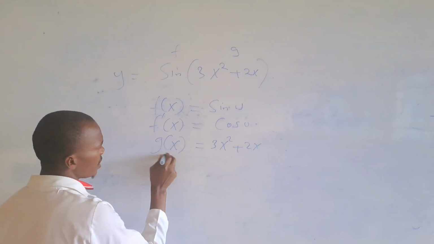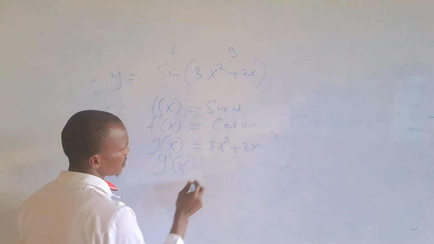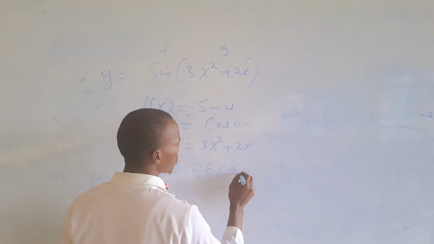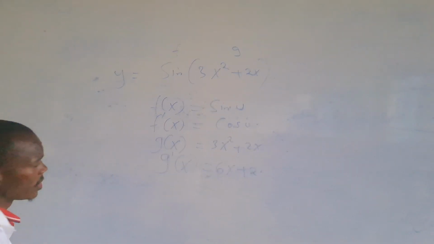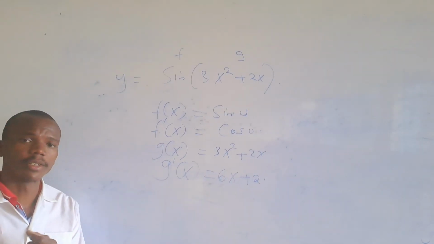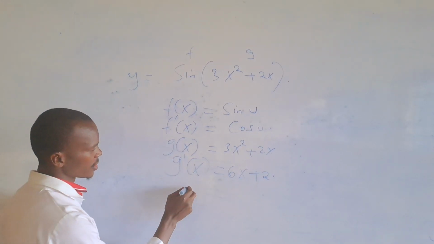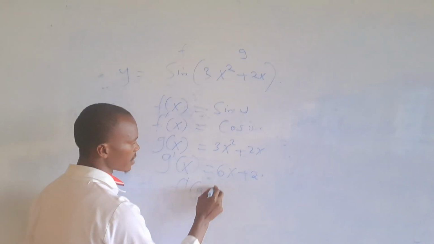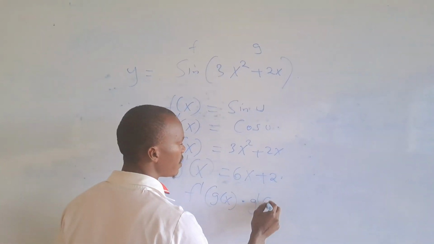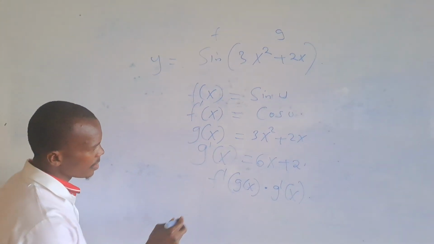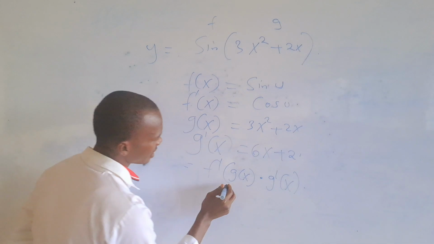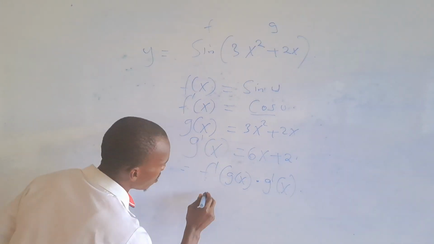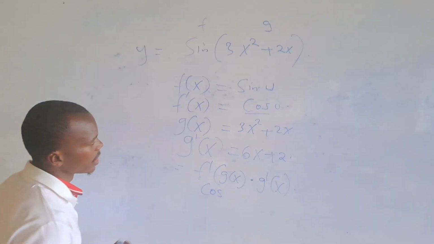Very good. Then we want the derivative of g of x, which is now 6x plus 2, like that. Now let's use the chain rule, which now says that f of x, that is f prime of g of x times g prime of x. So here we will be able to get that f prime is now cos. Very good.